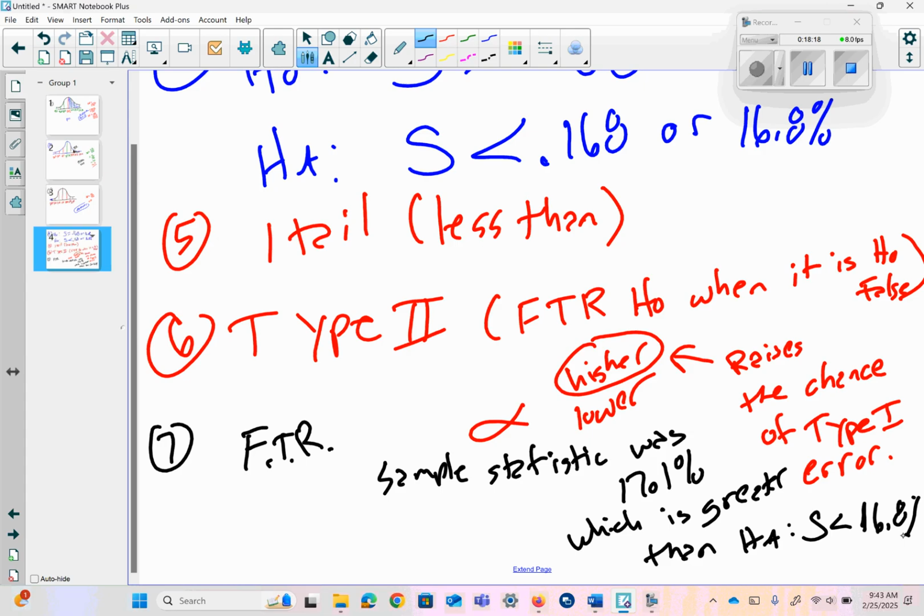All right, so that's kind of wishy-washy, but I imagine that from certain surveys they would have figured out 16.8% nationwide, and then if we survey the Coloradans and we find 17.1%, so they're failing to reject the null because the statistic that we found of our sample, 17.1%, contradicts the alternative. Okay, yikes. So someone better go do another study.